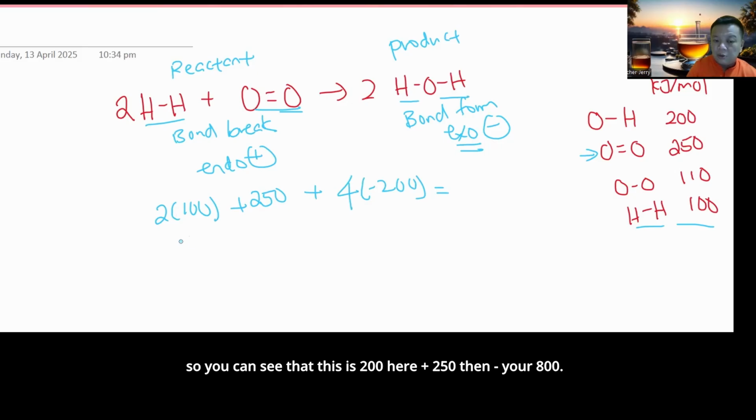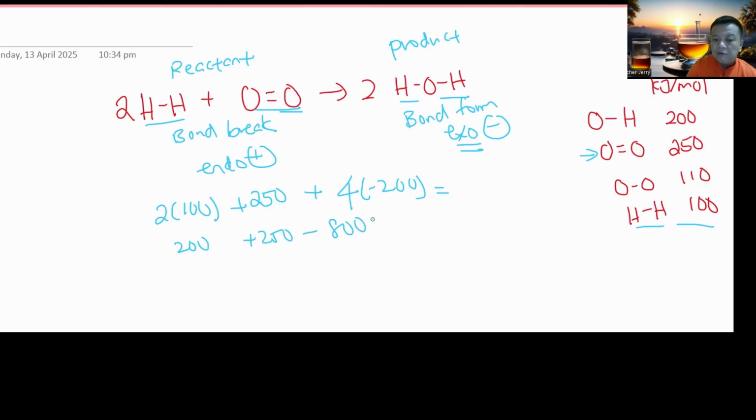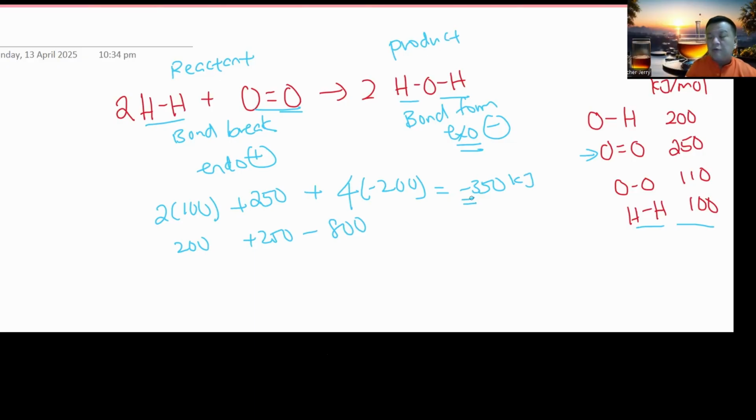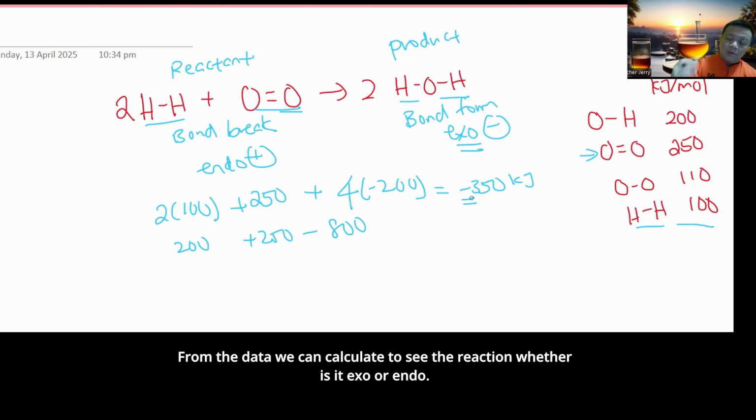So 200 here plus 250, then minus your 800. So obviously your final one is minus 350 kilojoules. If the overall is negative, it means that it is exothermic. That's how we calculate. From data, we can calculate to see whether the reaction is exo or endothermic.